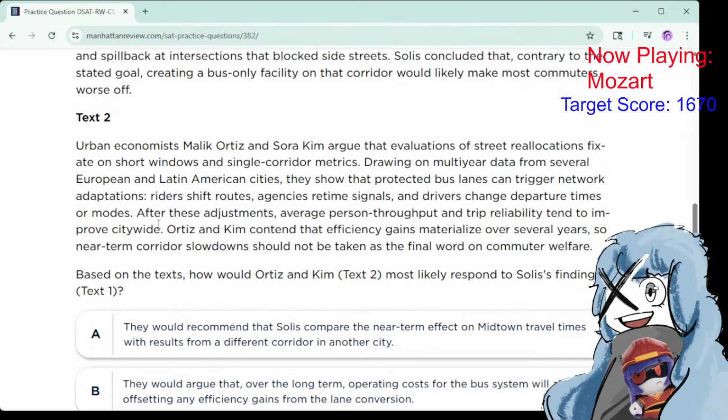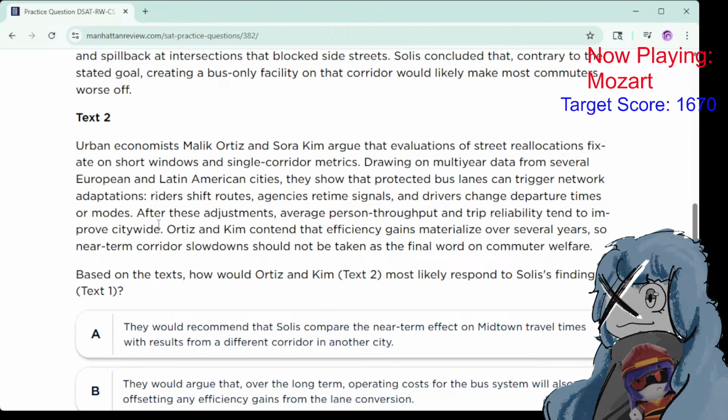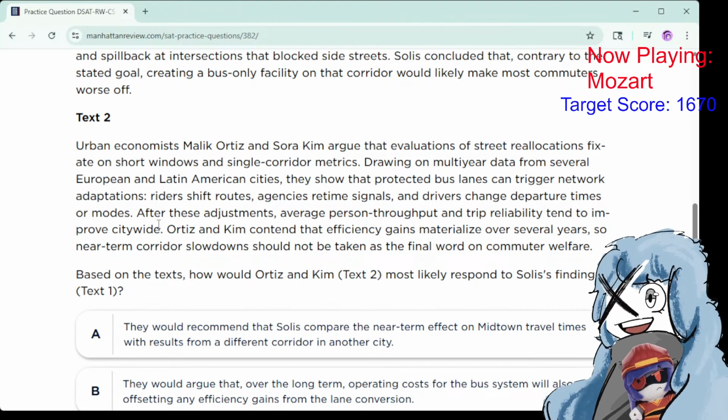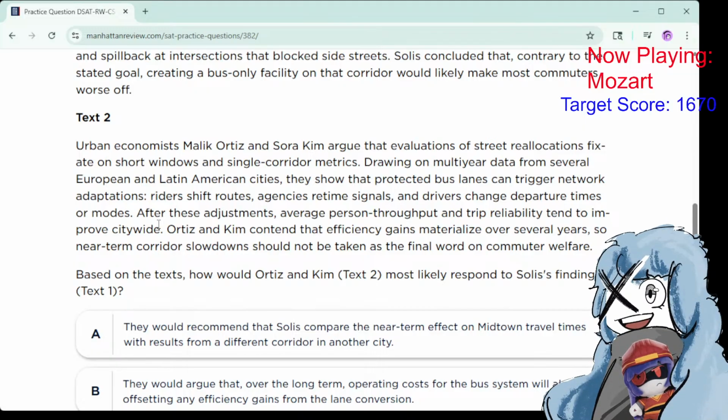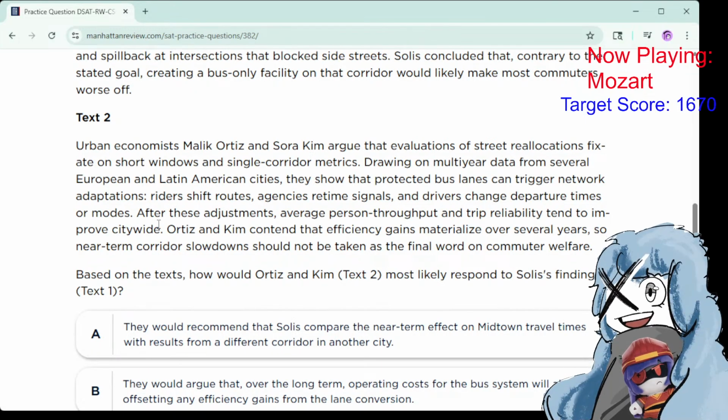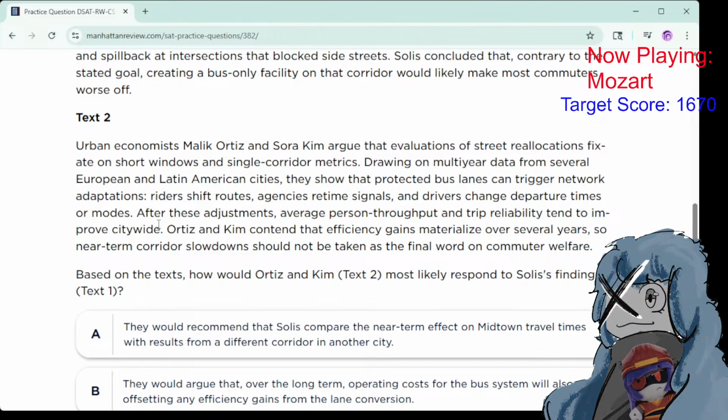Fact 2. Urban economists Malik Ortiz and Sora Kim argue that evaluations of street reallocation fixate on short windows and single corridor metrics. Drawing on multi-year data from several European and Latin American cities, they show that protected bus lanes can trigger network adaptation: riders shift routines, agencies retime signals, and drivers change departure times or modes.